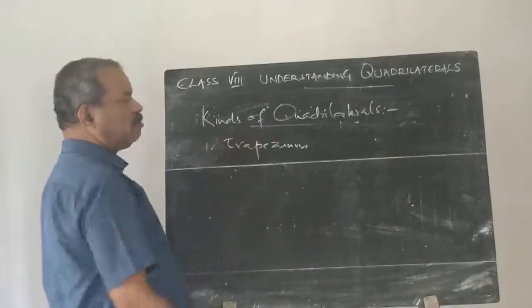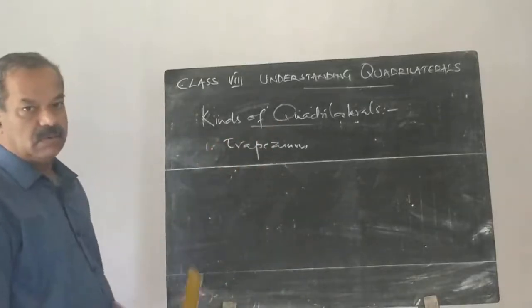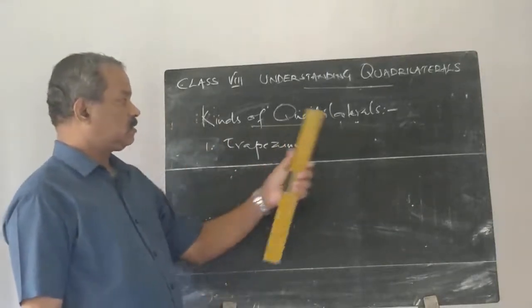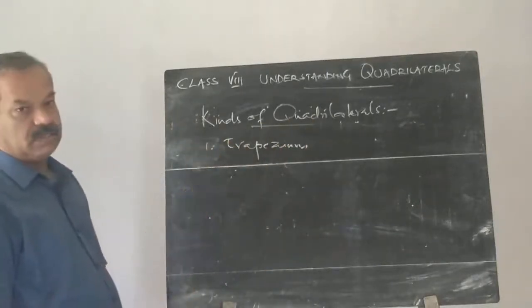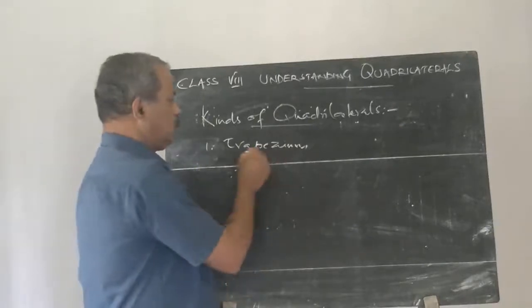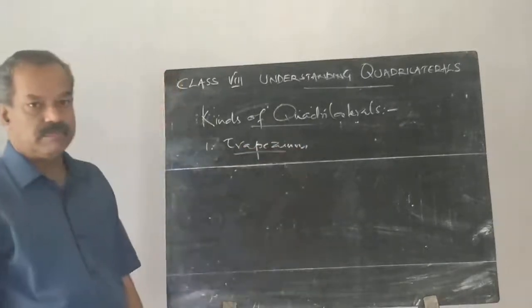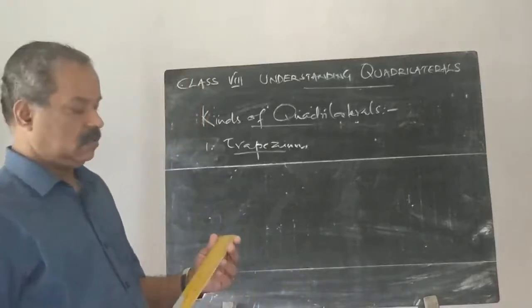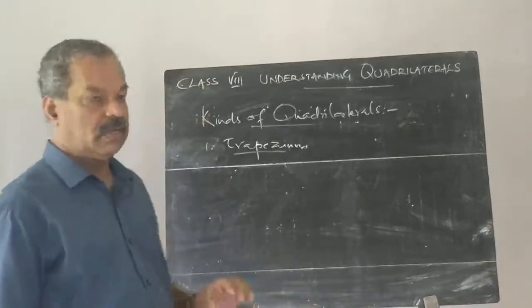We have many quadrilaterals. Among these quadrilaterals, one is the trapezium. What is a trapezium? Yes, it is a quadrilateral, a four-sided simple closed figure.